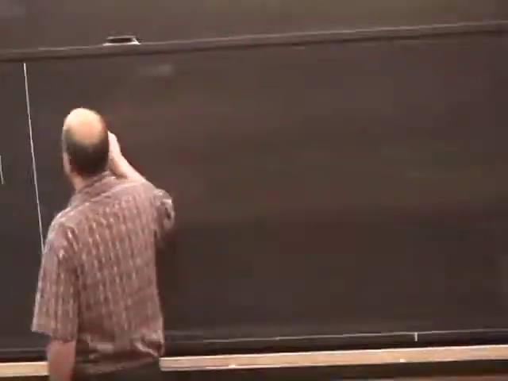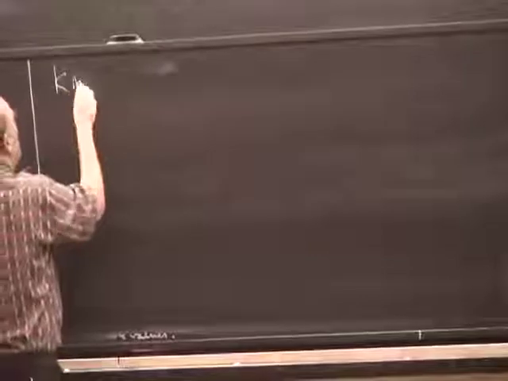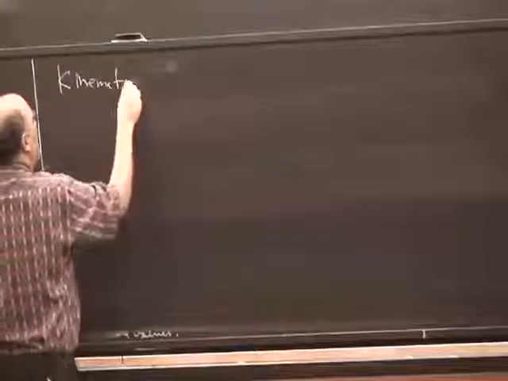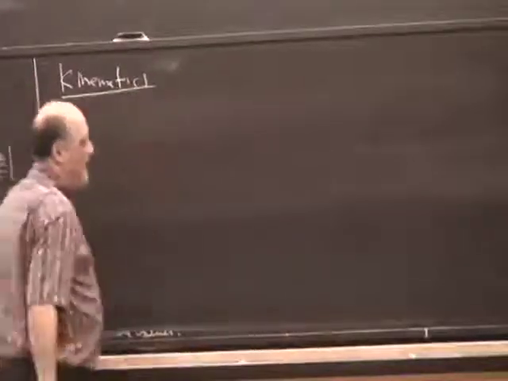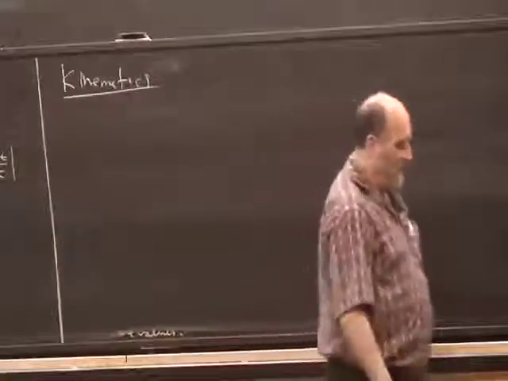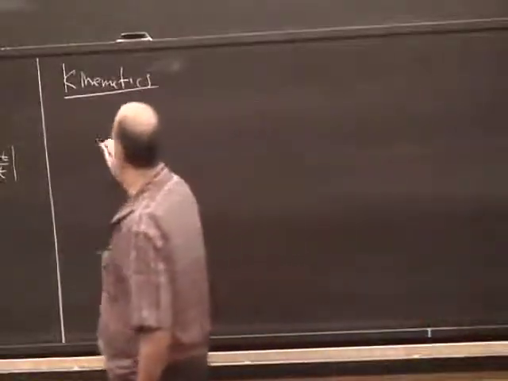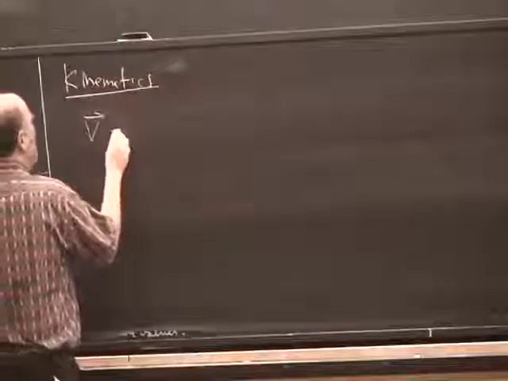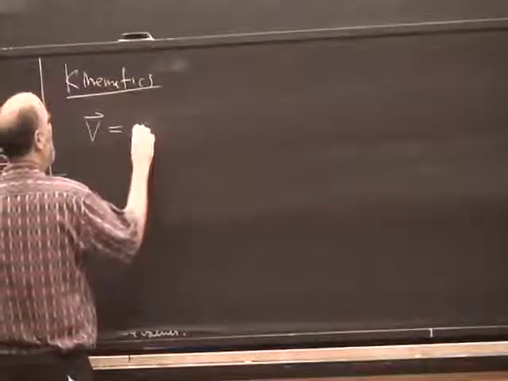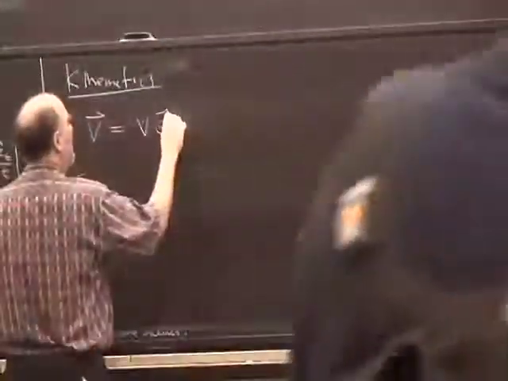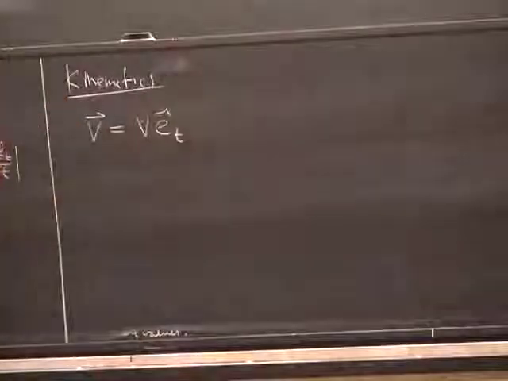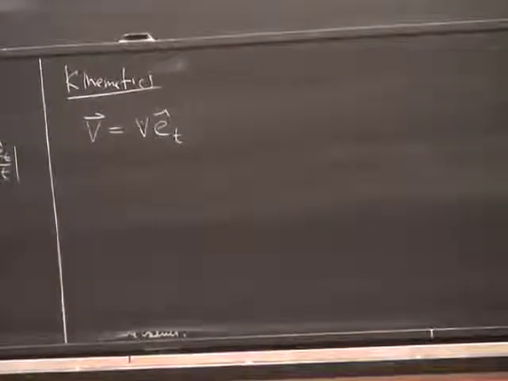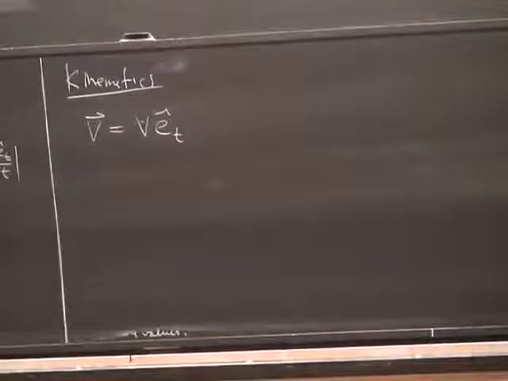So what do we do with this for the kinematics? Now that we have that description of the curve, as something moves along, we can say the velocity at any instant in time, no matter how something is moving, is a speed times the unit vector in its direction. That's always true. How could it not be true?